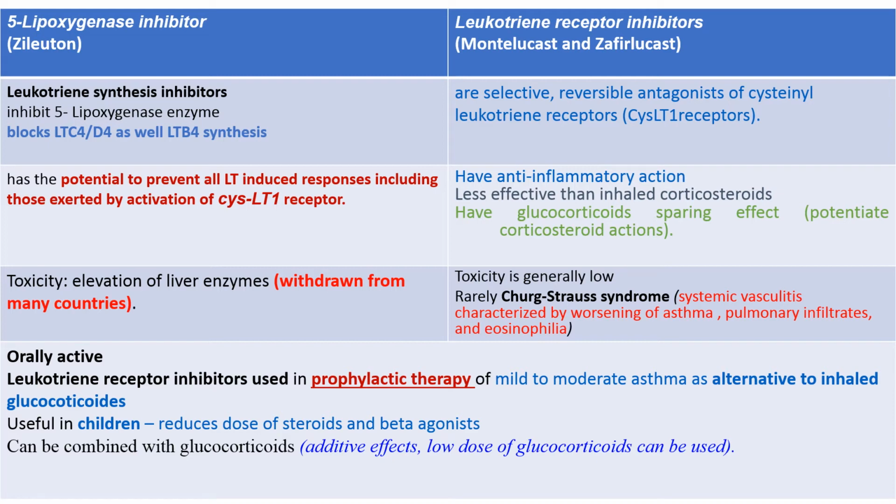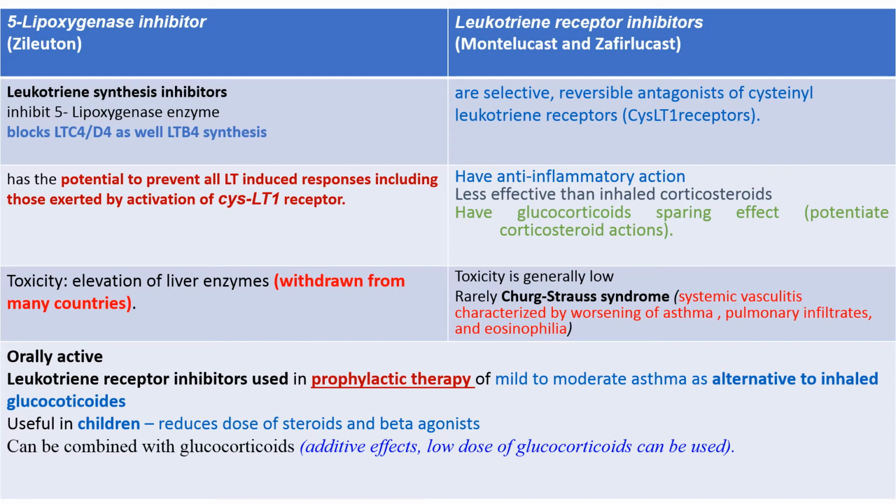Because if you inhibit the 5-lipoxygenase enzyme, it will ultimately inhibit leukotriene synthesis. Not only will it inhibit the synthesis of leukotriene B4, but it will also inhibit the secretion of leukotriene C4, D4. So it has the potential to prevent all leukotriene induced responses.